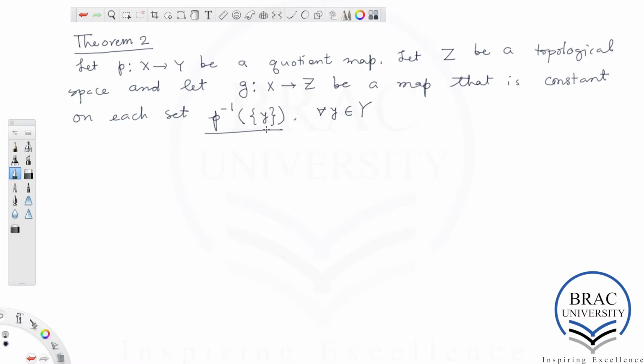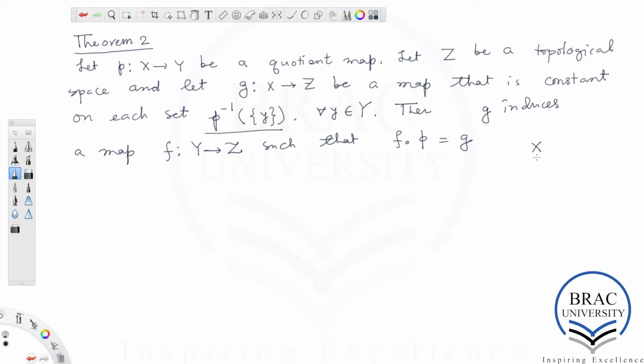Alright. Then if this is the case, G induces a map F from Y to Z such that F composed with P is equal to G. So let me draw a commutative diagram at this moment.